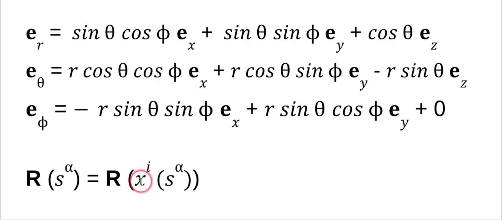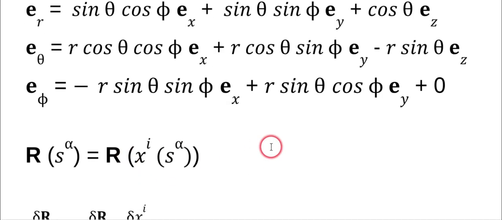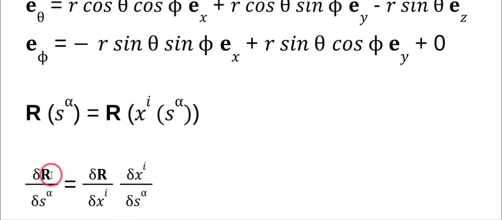So the ambient Cartesian coordinates are written as x of i. So we have a compound argument here, right? If we want to find out how this changes with respect to that, we wind up with this on one side, and then the multivariable chain rule on this side. Now we already know what the partial derivative of a position vector with respect to a coordinate is. Well, this is the same thing. It's just a surface coordinate or an ambient coordinate.